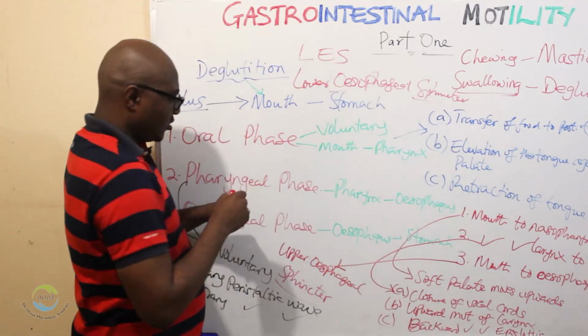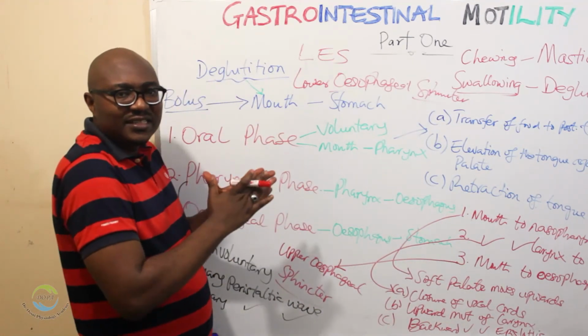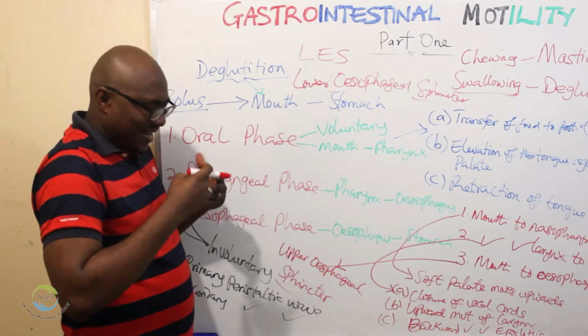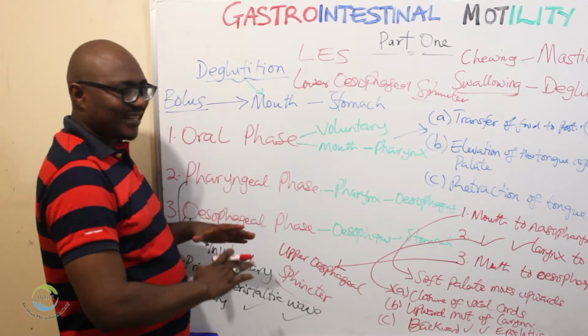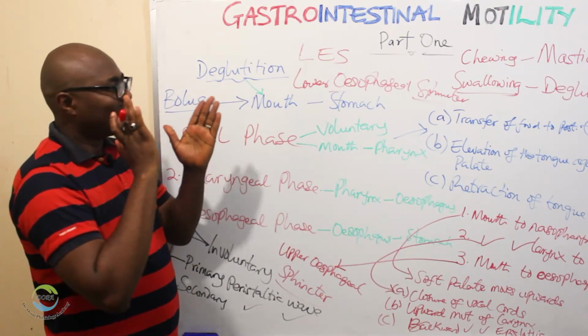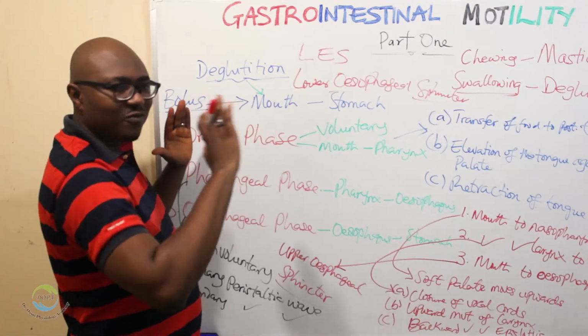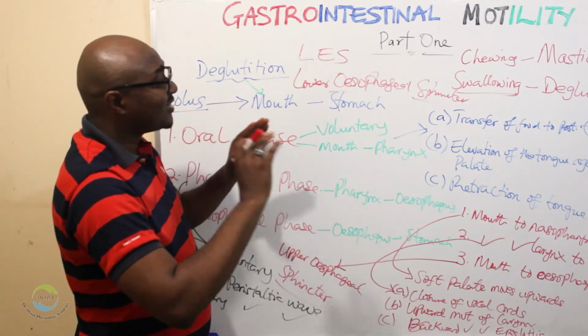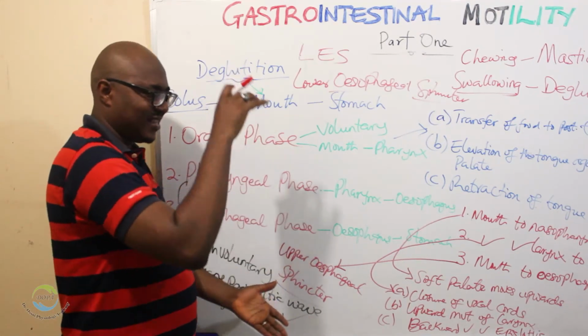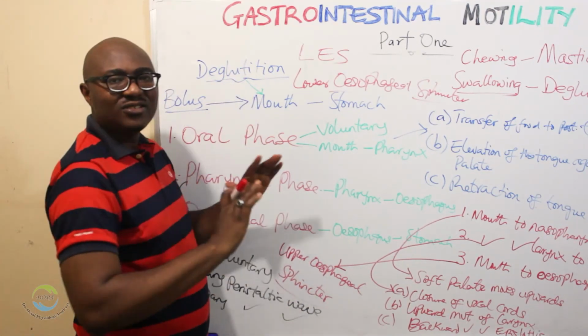Once it gets there, it automatically opens the lower esophageal sphincter, the bolus of food enters the stomach, and then it closes back. So that is the end of deglutition. Deglutition is said to be complete when the food moves from the esophagus into the stomach.